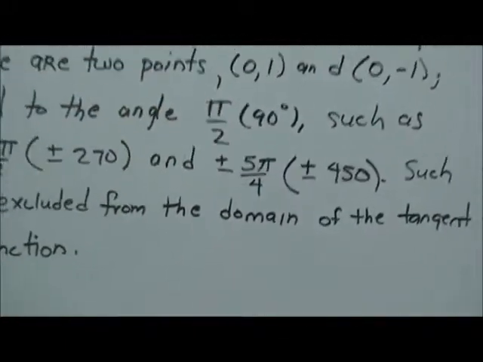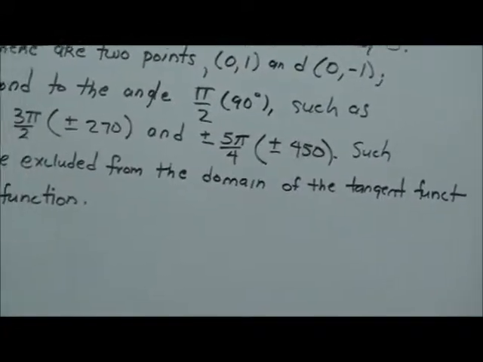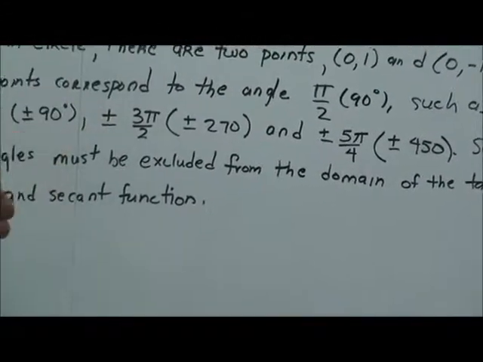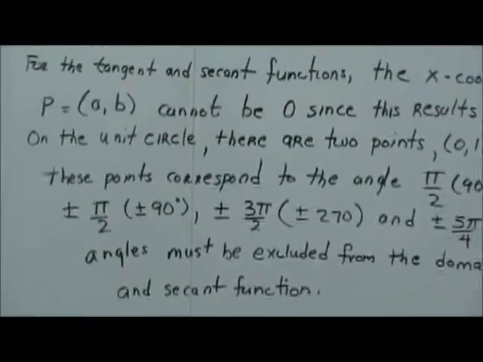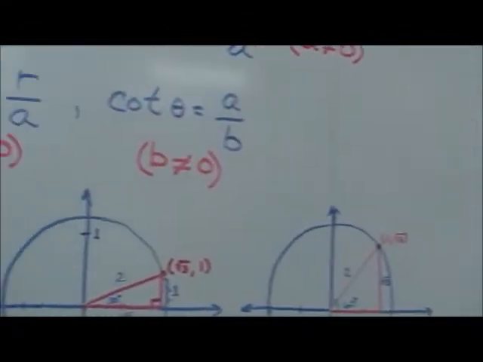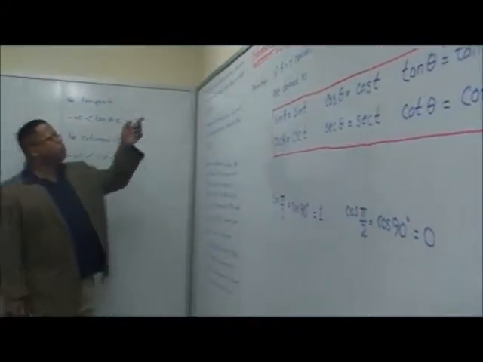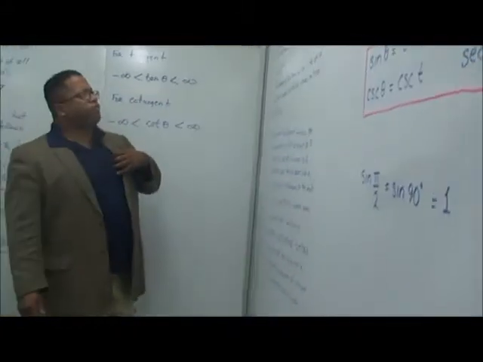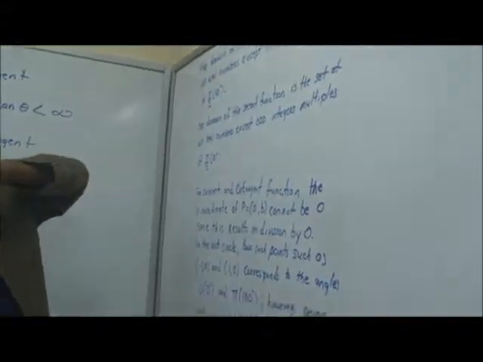Such angles must be excluded totally from the domain of the tangent function and the secant function, because those values will not exist. Now, follow me and let's go to the other functions here. And as you notice here, the domain of the tangent function is the set of all real numbers except what?